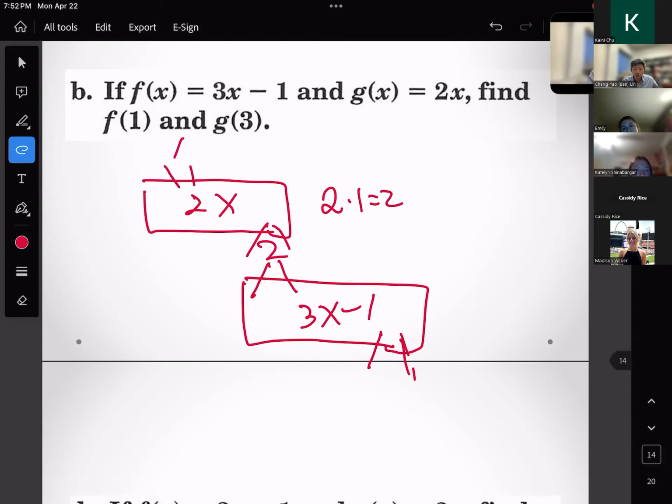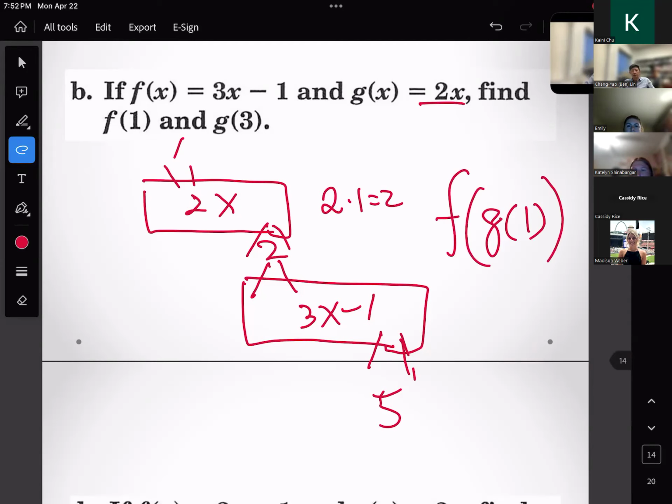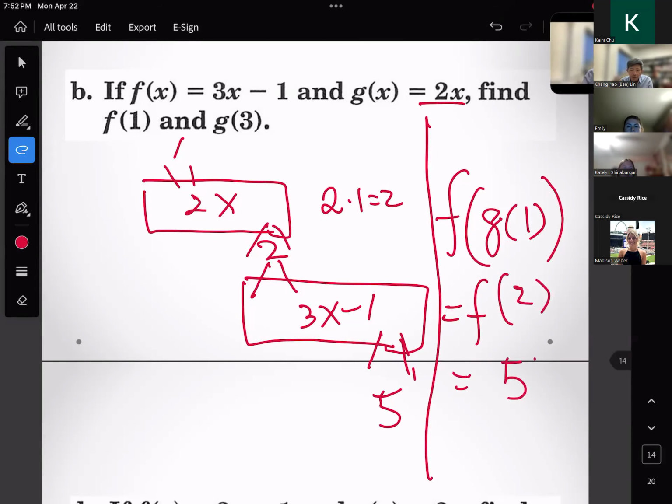Now 3 times 2 is 6, 6 minus 1 is 5, very good. So in mathematical writing, we have g of 1, and f of g of 1. f of g(1), actually g(1) is 2, so f of 2 is equal to 5.